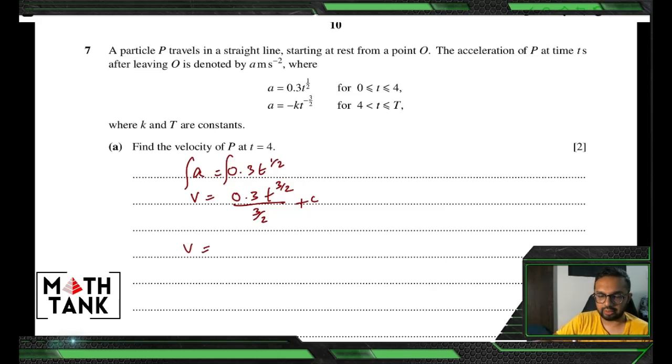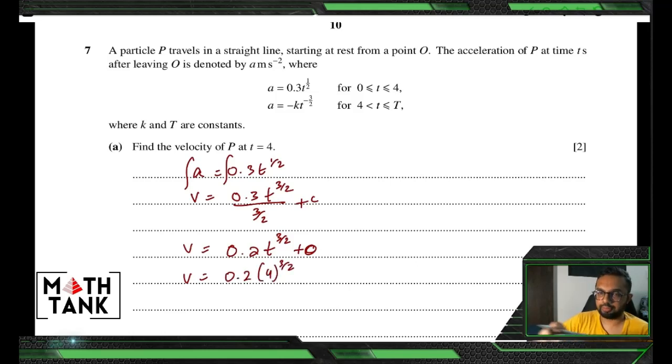Why? Because it's at rest, I really don't need to think about the initial velocity. So I have V equals 0.2 t power 3 over 2.